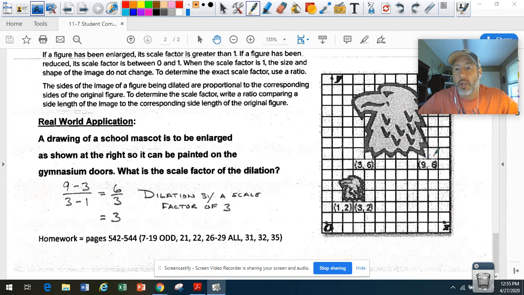That works also. Go over here. Take this piece here. 9, my new, divided by my original, which is 3. 9 divided by 3 is 3. That works also. And also over here, my y. 6 over 2, which is 3 also. So there you go. There are a lot of different ways to figure out, hey, what is the scale factor?